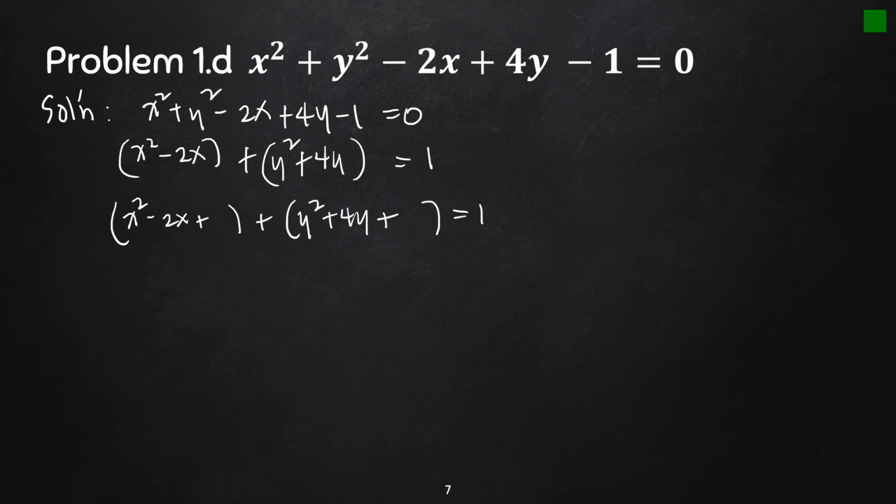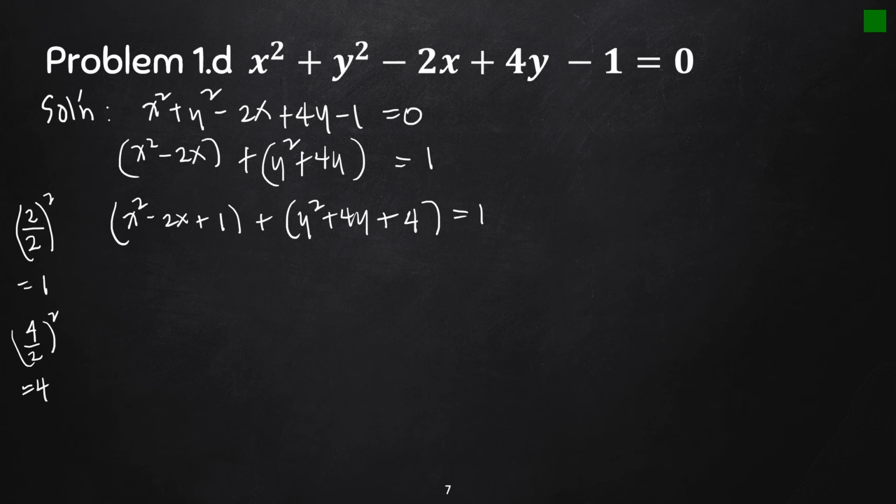To find the third term, you take the coefficient of the middle term, which is 2, divide it by 2, and square it. The answer here is 1, so that's plus 1. For the next one, we have 4 divided by 2, quantity squared. That is 2, and 2 squared is equal to 4, so this is plus 4.